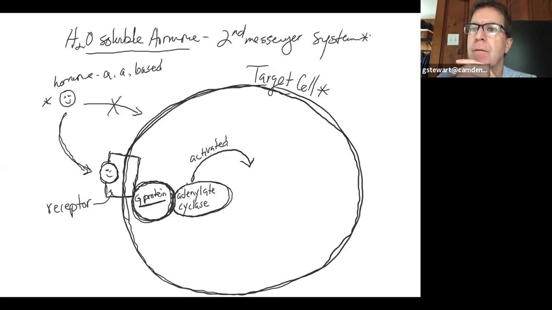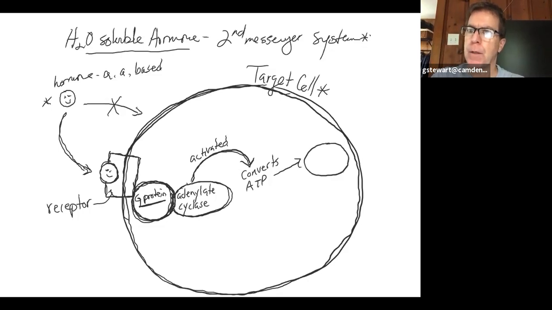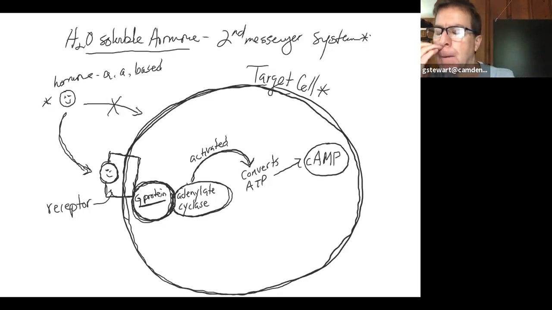And once it's activated, it converts ATP in the cell, that same molecule that we talked about a long time ago, to something called cyclic AMP. So I'm going to write little c. I'm not going to test you on what all of these abbreviations stand for. I will say them, but it doesn't mean you have to know them.